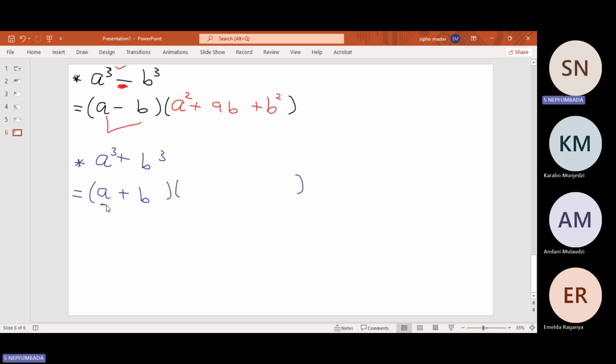Then this one times this one must give us a cube, so we're left with a squared. This one times this one must give us positive b cubed, so we're left with positive b squared. This sign must be different from the other, so since that one is plus, here we're going to have minus. Then we multiply the two, ab. We are done.